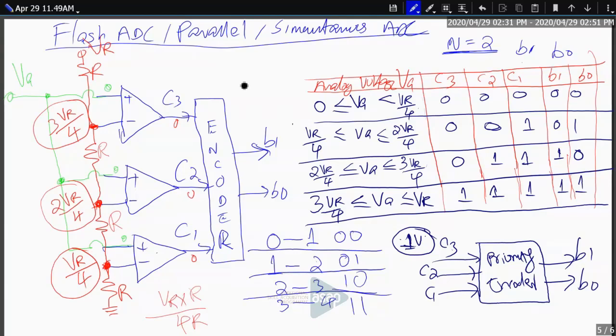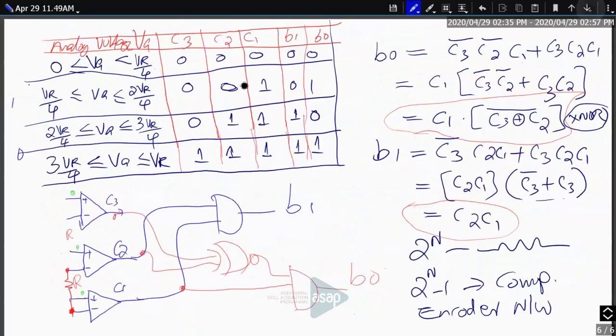If you are ready to cope with a certain amount of delay compared to the direct 8-bit flash ADC, then of course we can go for a half flash ADC arrangement, which will give you much chip area saving, because the number of comparators will come down to 30 from 255. That is possible, but it is at the cost of increased delay in getting the final output, or the total conversion time will be increased.